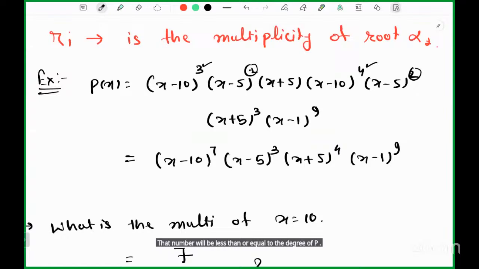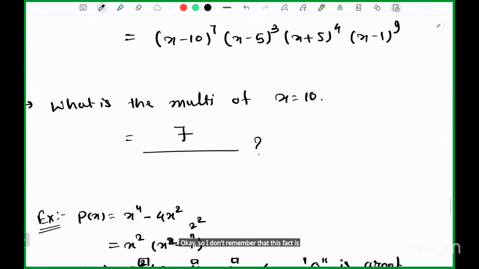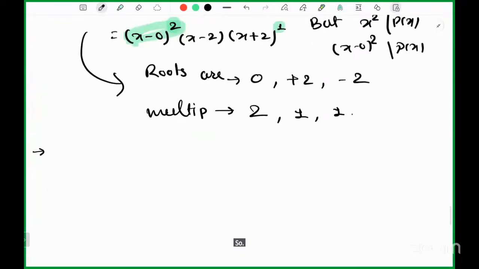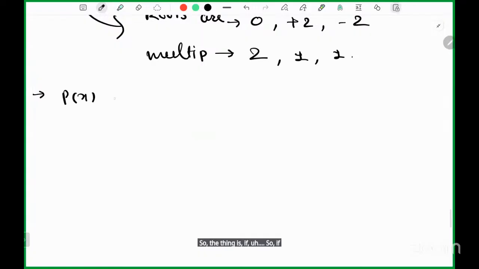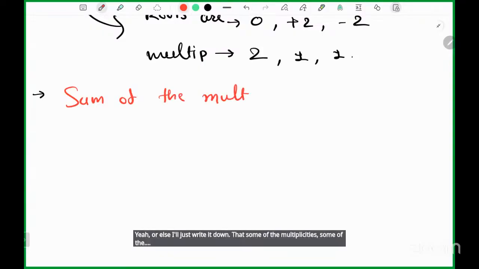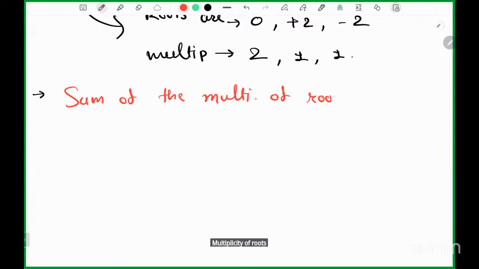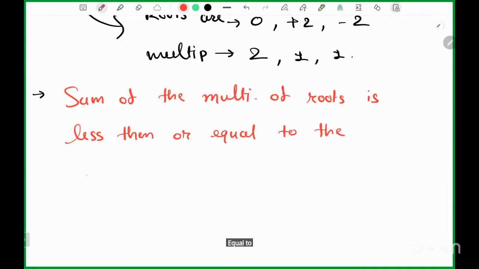I don't remember whether this fact was covered in our lectures or not. So I'll just write it down: the sum of the multiplicities of the roots is less than or equal to the degree of p of x.